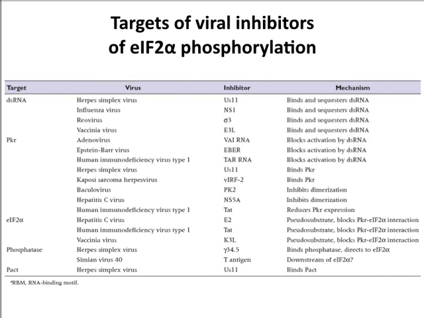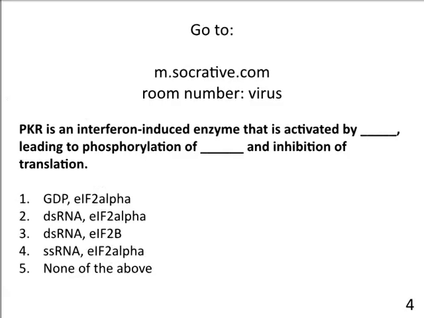But you can see there are various mechanisms that target EIF2 alpha. There are phosphatases that take the phosphate off. There are viruses that sequester their own double-stranded RNA so it can't activate PKR. Every virus that we know of encodes some mechanism to get around PKR. That's how important it is.